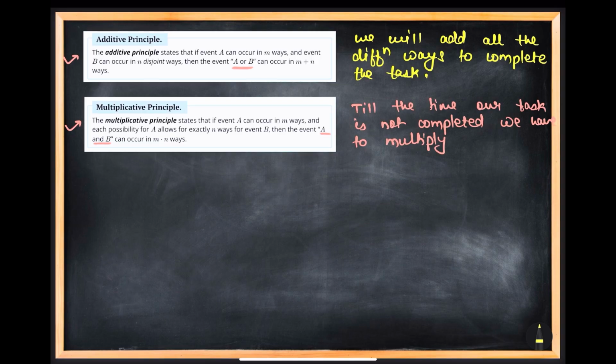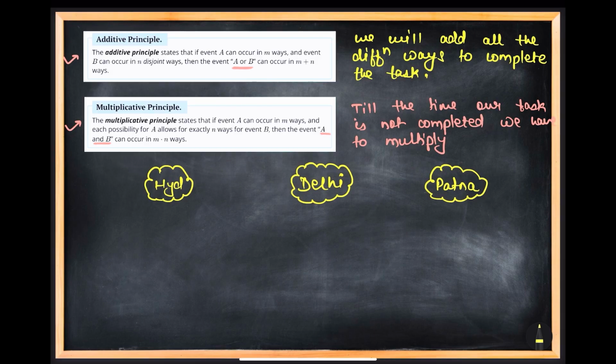Now suppose I'm giving you one situation. Suppose you are staying in Hyderabad, HYD, and I have assigned you the task to reach Patna. You can reach Patna via Delhi. From Hyderabad to Delhi, you can go via flight, train, or bus.